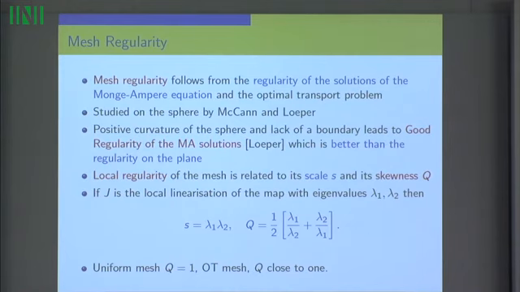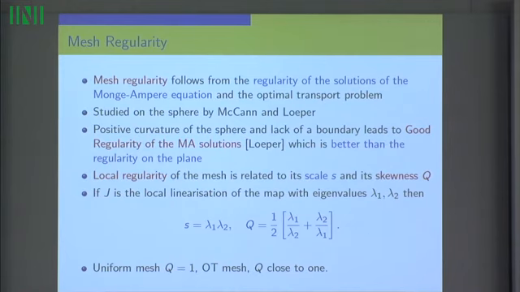The Jacobian on a two-dimensional manifold has two eigenvalues, lambda 1 and lambda 2. The product of lambda 1 and lambda 2 gives you the size, which I'll call the scaling S. And the ratio of the eigenvalues in some symmetrized form gives you what we call the skewness.